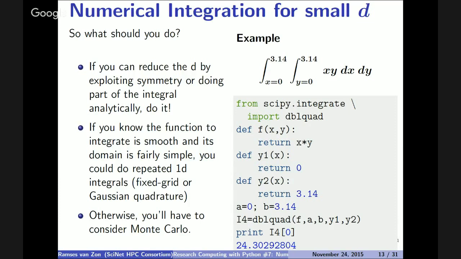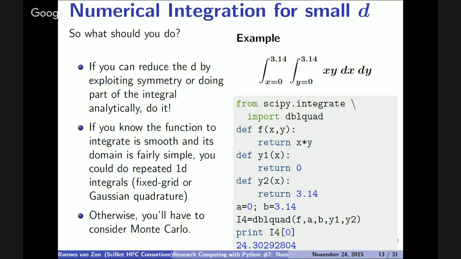It still assumes that this is a coherent single domain, but even in the case where you have constants, you have to define these functions. Say, okay, whatever x is, the lower limit is always 0. But in general, these lower limits could depend on x. That's this shape complication that I talked about.